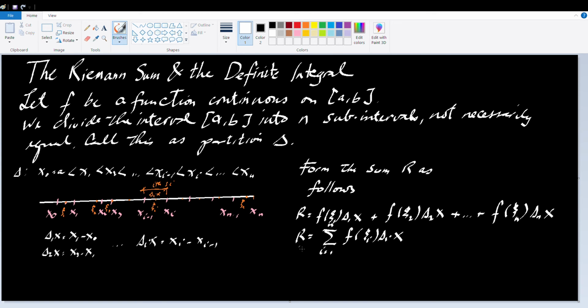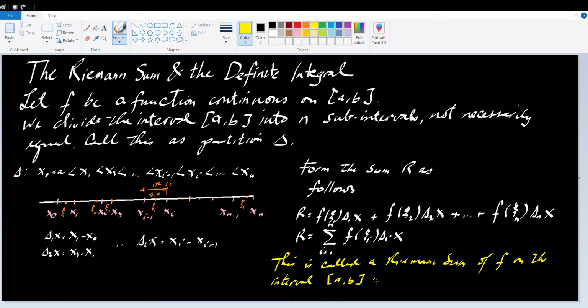Now this sum is called a Riemann sum of f on the interval AB using the partition delta.